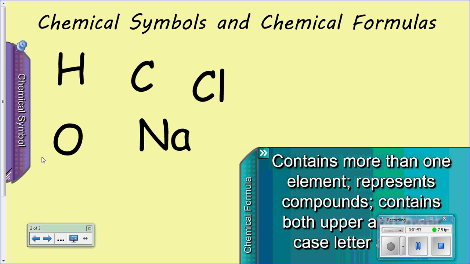Some examples of chemical symbols include H for hydrogen, O for oxygen, C for carbon. These are all capital letters. Capital C, lowercase l for chlorine. Capital N, lowercase a for sodium.